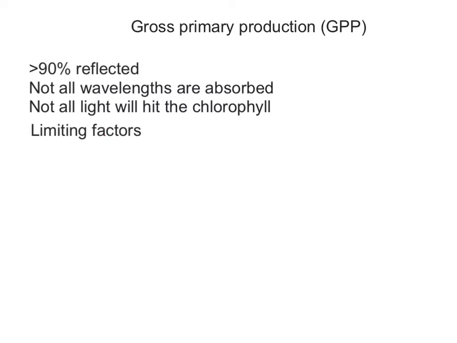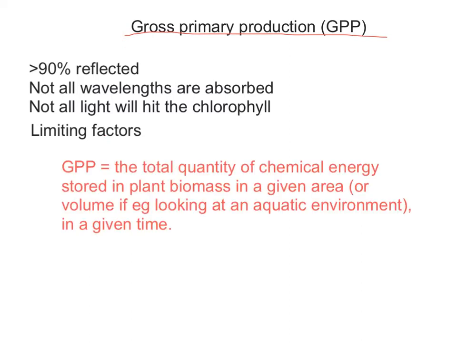So scientists have come up with this term, gross primary production, or GPP, to describe the total quantity of chemical energy stored in plant biomass in a given area or volume, as you saw on the previous video about biomass, in a given time. And as you will remember from GCSE, in practical terms, that only equates to just a couple of percent of the total energy available from the sun that is then made available to the plant on the food chain.